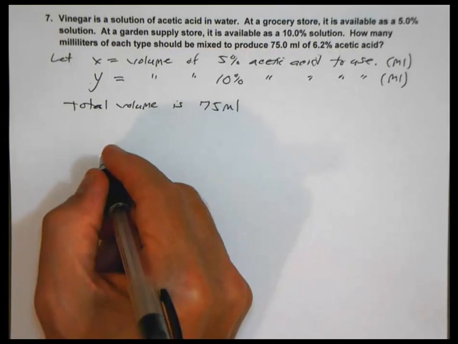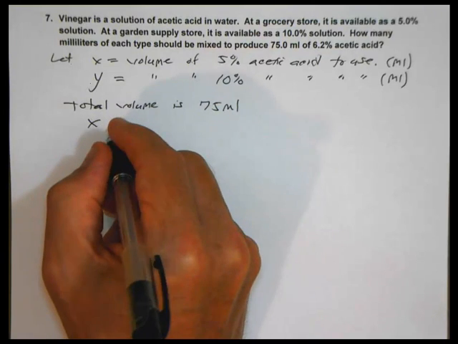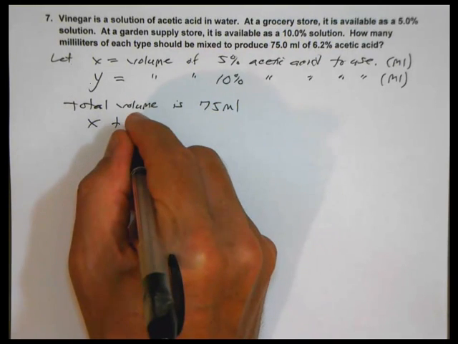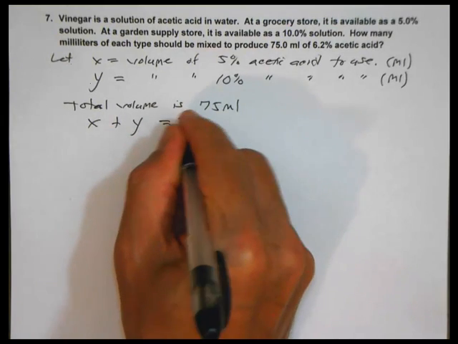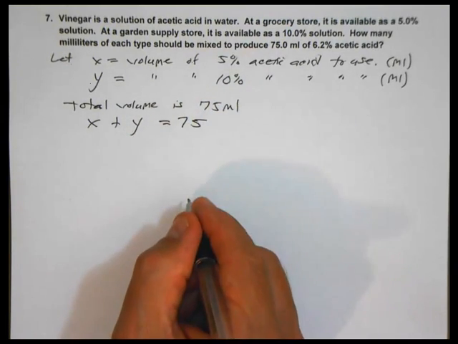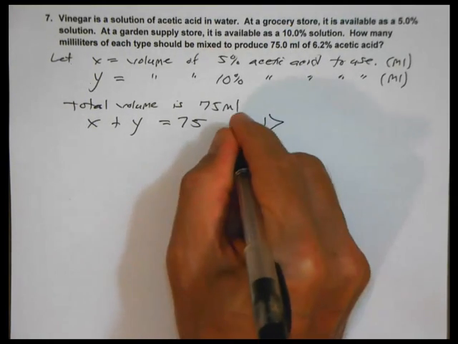That would lead us to an equation which is volume of 5% acetic acid plus volume of 10% acetic acid has got to equal 75. Okay, there's equation 1.